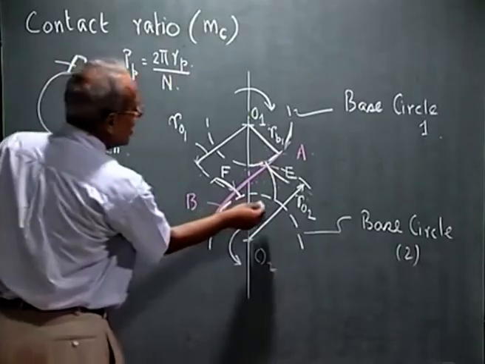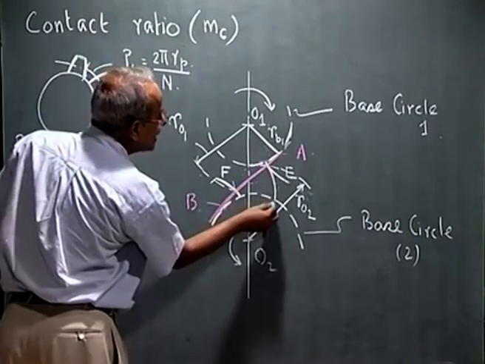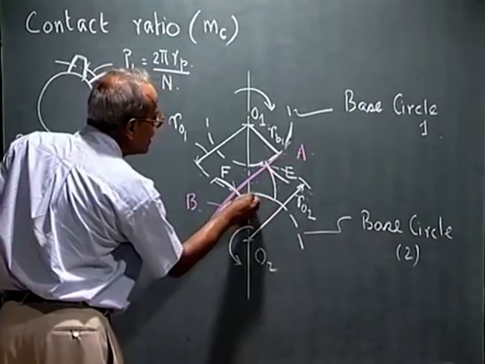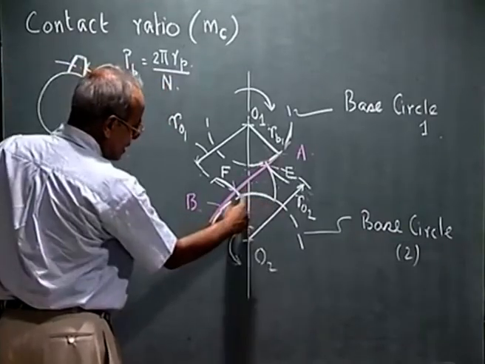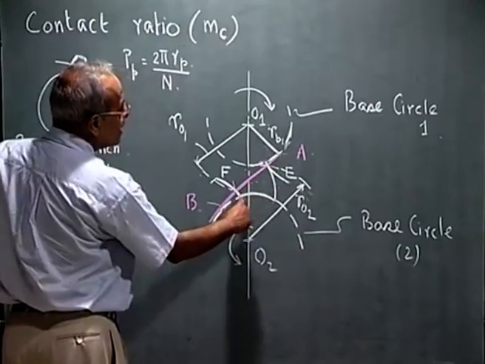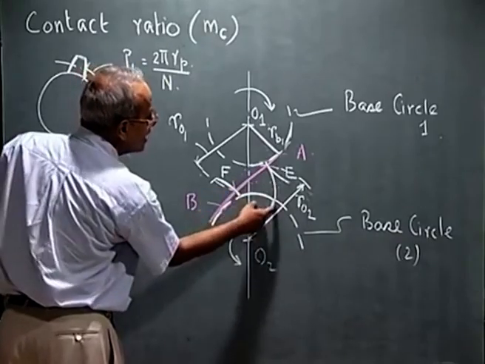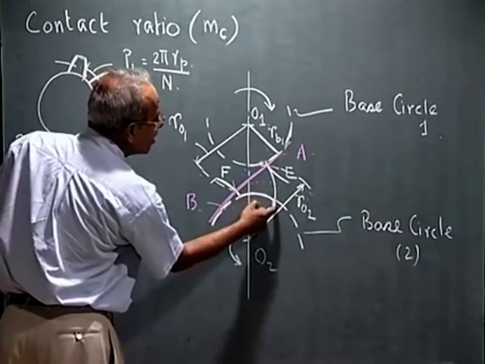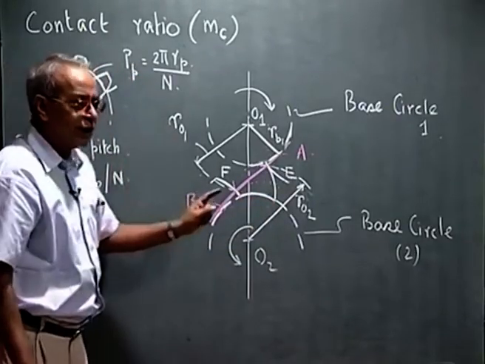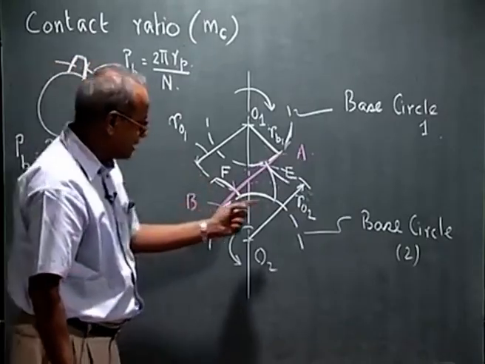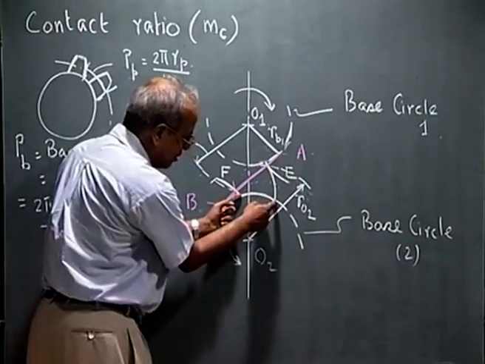Now, what is the movement along the base circle of this particular tooth from the start to the end of the engagement? That is given by this circular arc, measured on the base circle. This is the distance covered by this particular tooth from the start of its engagement to the end of its engagement. To maintain contact between two pairs of teeth, that is before this contact is lost, the next pair must come in engagement.